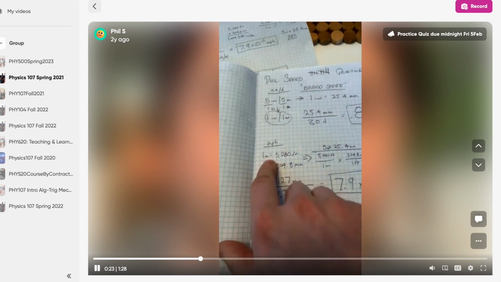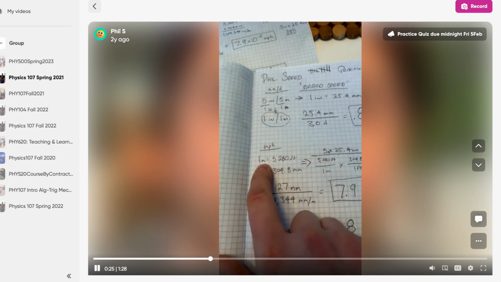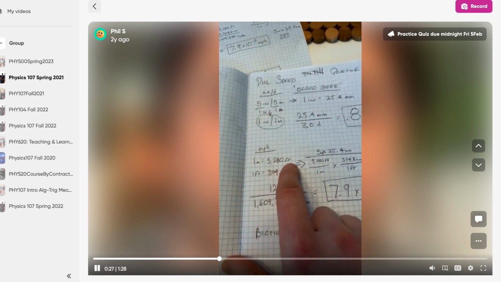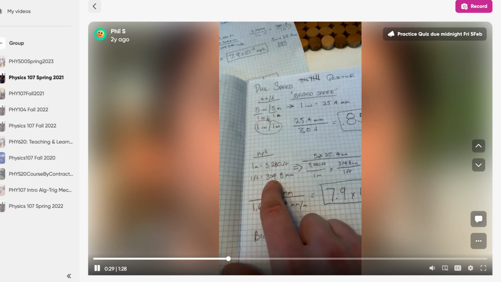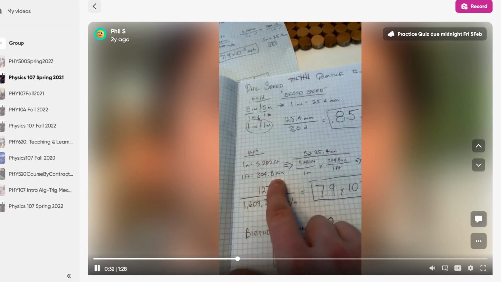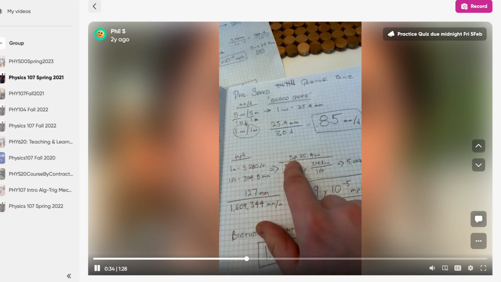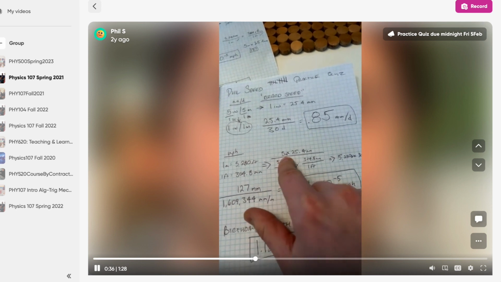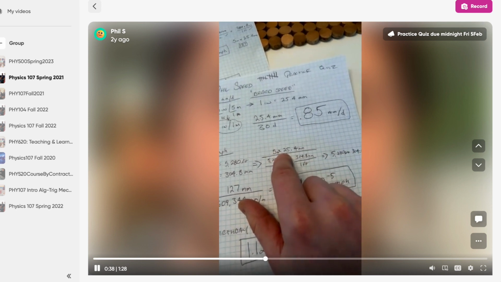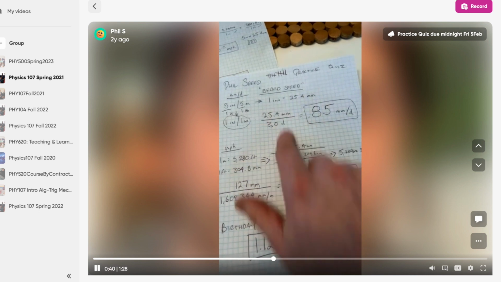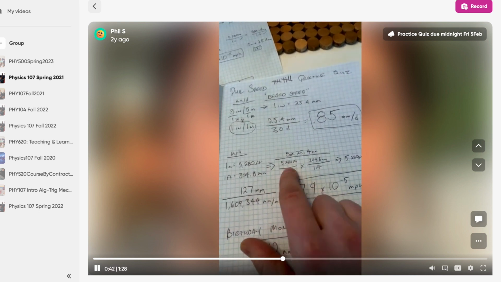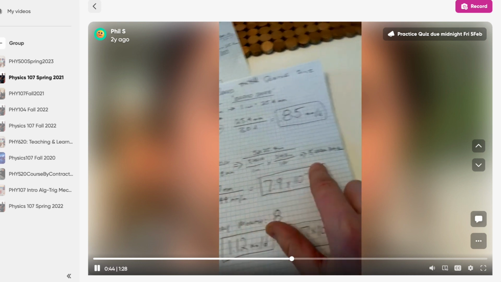For miles per hour, we got 1 mile equals 5,280 feet. 1 foot equals 304.8 millimeters. We also have to figure out how many millimeters his beard grew in the 5 months. So there's 5 months times 25.4 millimeters, which is an inch, over feet in a mile and millimeters in a foot.